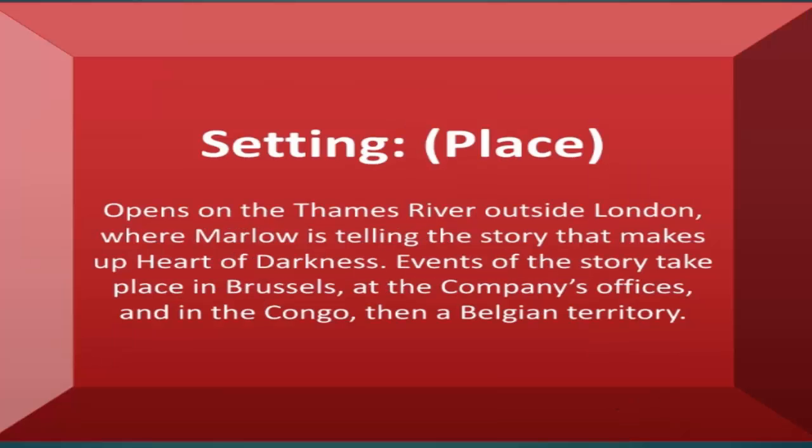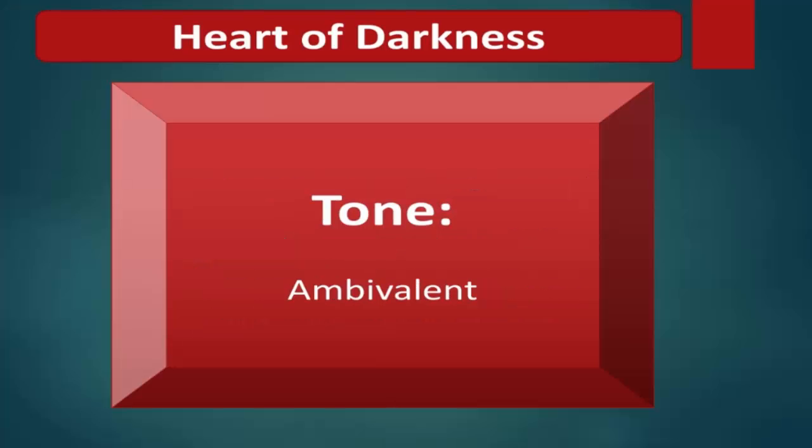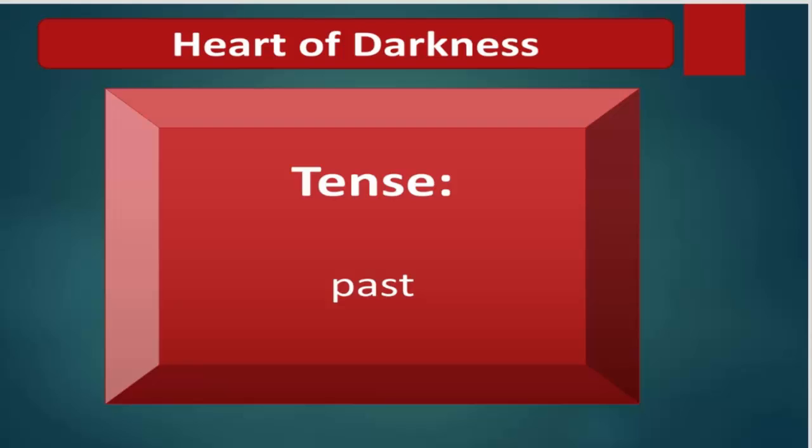And setting by place: it opens on the Thames River outside London, where Marlow is telling the story that makes up Heart of Darkness. Events of the story take place in Brussels, at the company's offices, and in the Congo, then Belgian territory. Its tone is ambivalent. Tense: it's in the past tense.